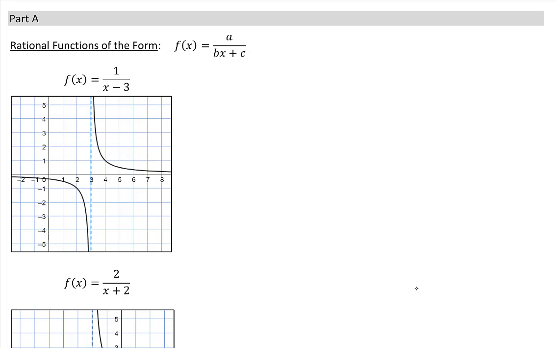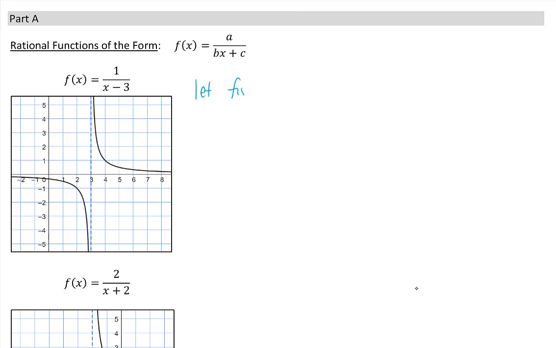So part A, our rational functions of the form a over bx plus c, where a, b, and c are real numbers. So where are the zeros? We can see for a function of this form, there are no zeros. This function does not cross the x-axis. And you can prove this by solving the equation for 0.